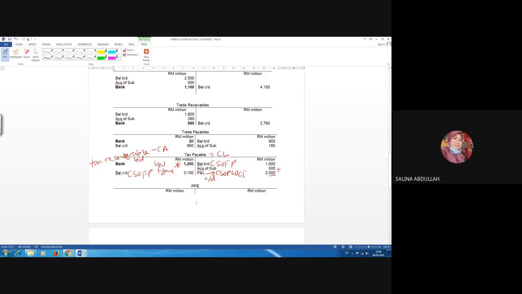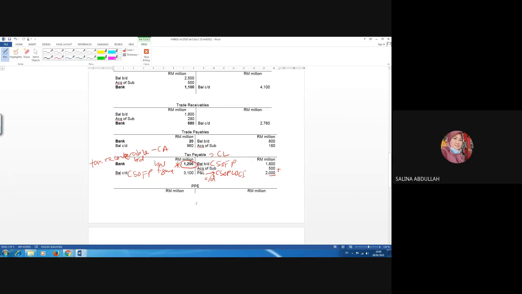I would like to advise you, when you prepare your answer, take a very short time after you have prepared this working. I suggest that you highlight or circle this figure, because this will be the figure that you will carry to the consolidated statement of cash flow.